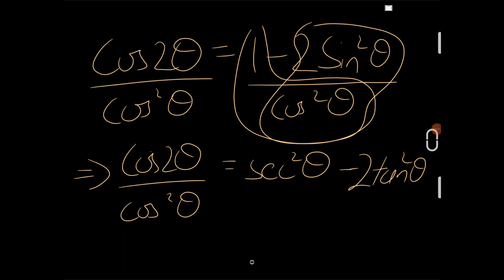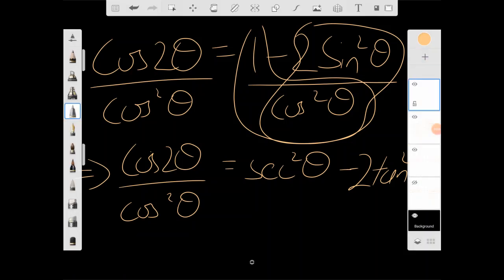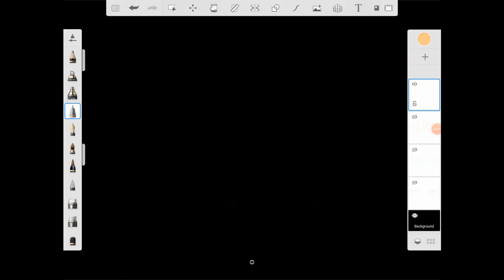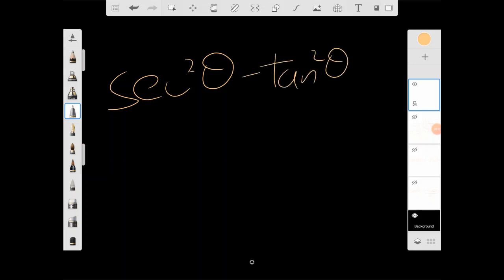Hey, do you remember this formula? Sec squared theta minus tan squared theta is equal to 1. This also you studied last year. We studied this last year, remember? Sec squared theta minus tan squared theta is equal to 1.